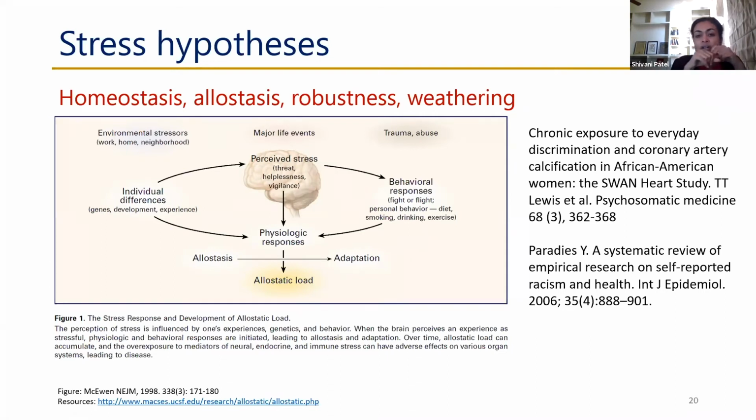Coronary artery calcification is a measure of atherosclerosis that can be an early measure of risk. And then another review on the empirical research on self-reported racism in health. Again, I don't have time to link up all of the boxes, but these are, I think, some of the leading explanations for why we see excess risk of death and poor outcomes in African Americans, especially.